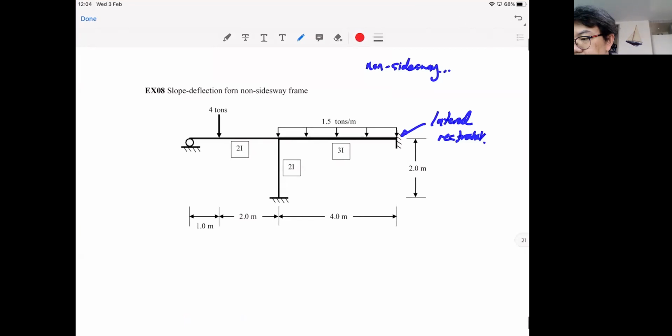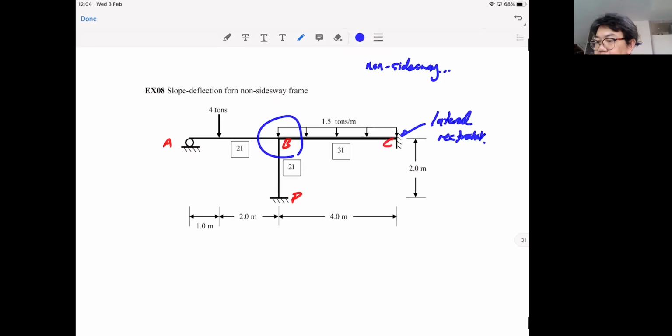This one is A, that one is B, that one is C, and this one is D. Now the only major difference from all those beams that we have done before is that B is joined by three members.